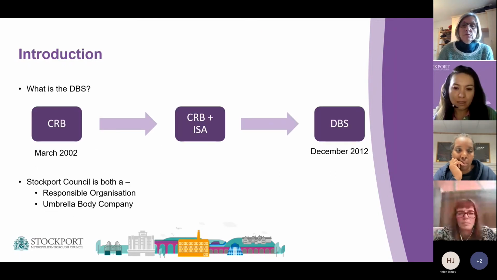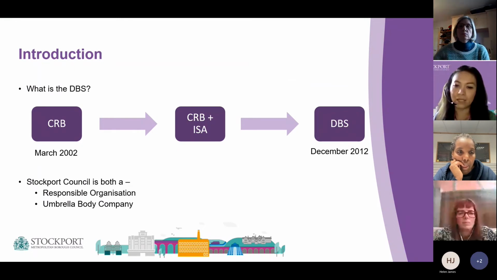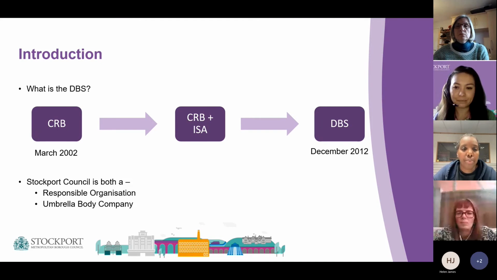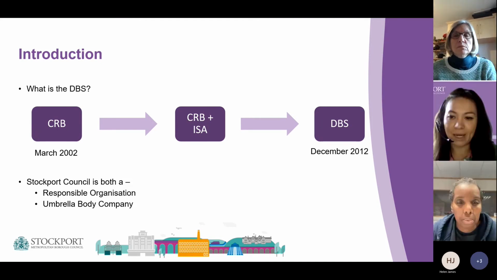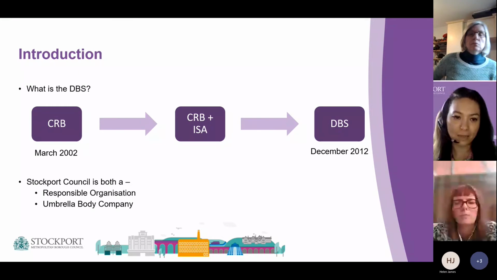So what is the DBS? So the DBS stands for Disclosure and Barring Service. This helps employers make safer recruitment decisions for England, Wales, Channel Islands and the Isle of Man. DBS also managed the barred list, so adults and children's barred list, which is a list of individuals who are barred from engaging in regulated activity.